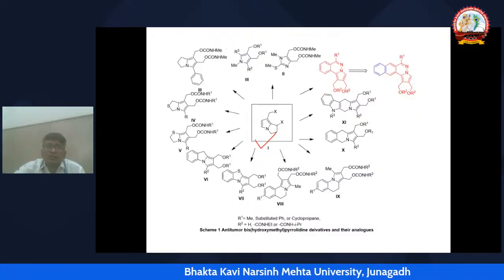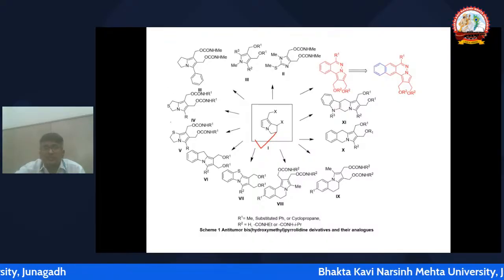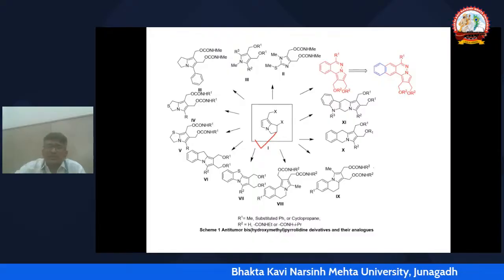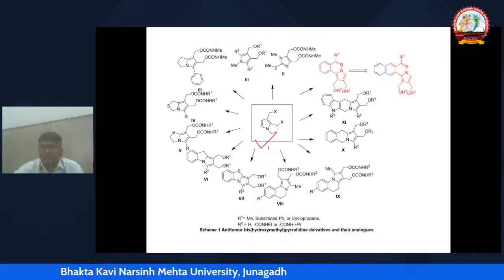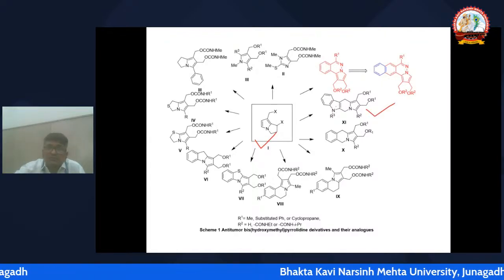Several molecules were synthesized, starting with imidazole and pyrrole, fused ring systems, pyrrole fused with another heterocyclic ring system. Especially we can see here it is bound with the beta-carboline system.